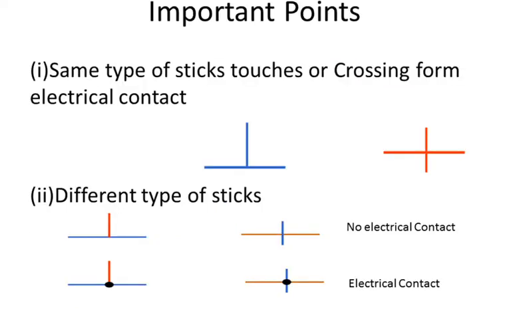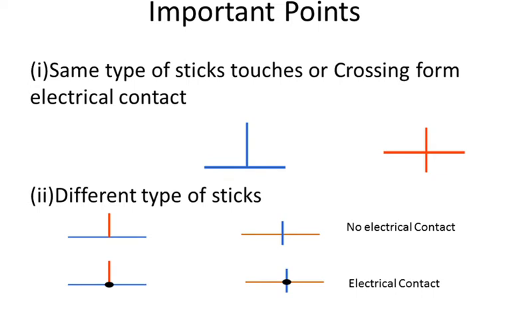Next are important points to be noted to draw a stick diagram. The first important point is that if the same type of material, layers or sticks touch each other or cross each other, it establishes electrical contact.